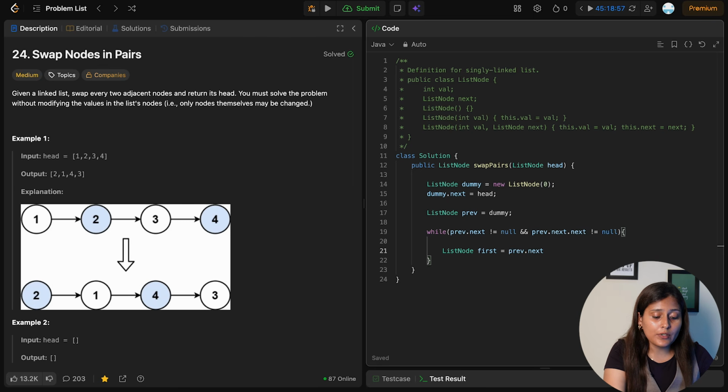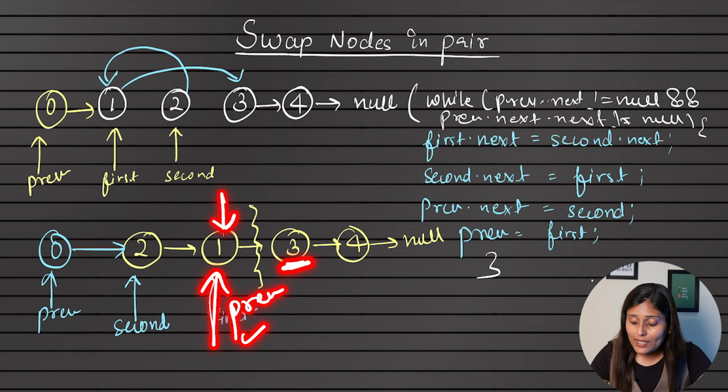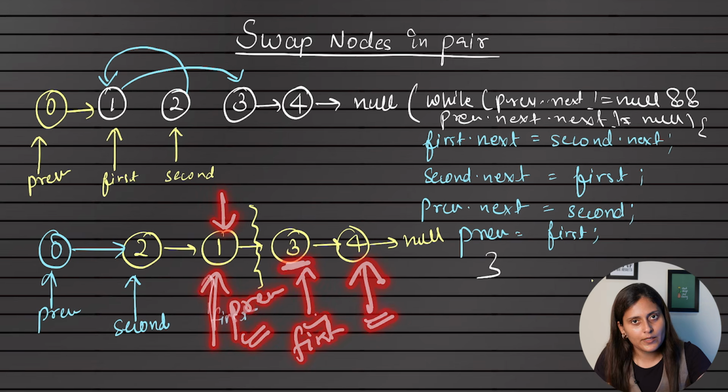Why? Because first will always change. Currently we are making this first, correct. Though it's head now, when this much swap is done, previous will point here. Can I say yes? So I want this to be first, and if we write head, again it will become 1, correct. That is why first will be previous dot next and second will be first dot next, correct.